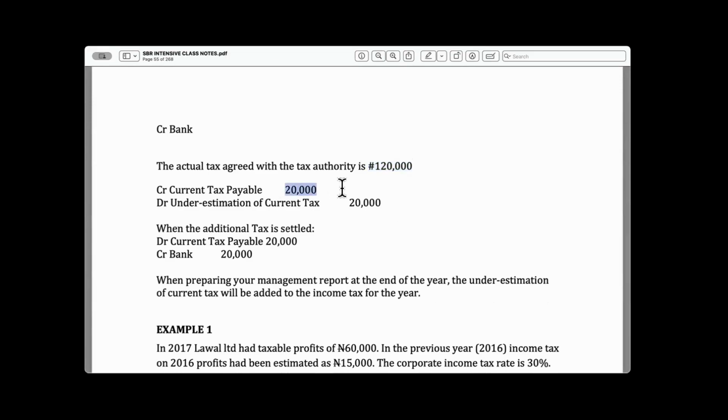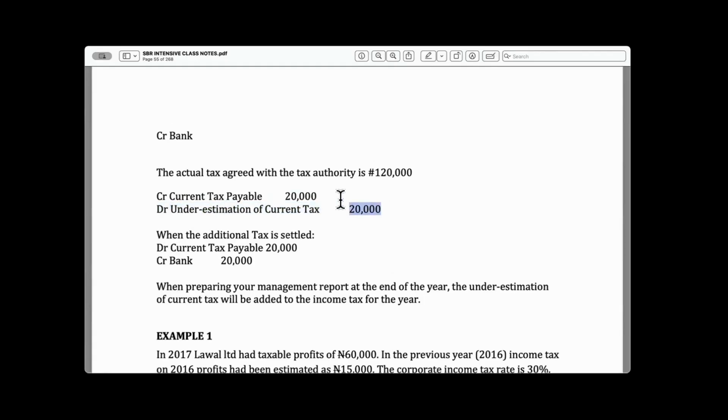So ultimately, you are agreed. So this underpayment of 20, you need to put it in your books. You know that you have closed your books in 2024. This is happening much later in 2025, like around September, October. So in the 2025 account, you will now have to put a liability of 20. And remember, this relates to the 2024 account. You now debit what we call an underestimation of current tax.